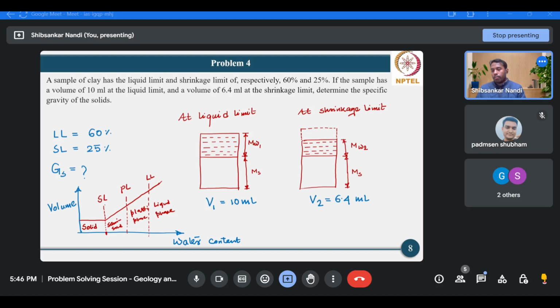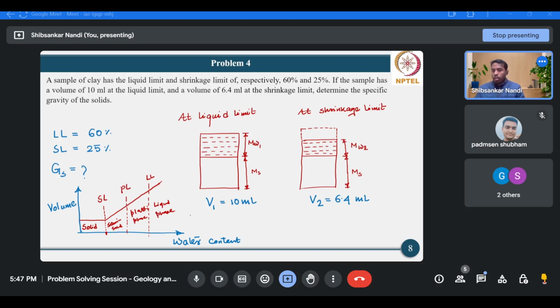Any idea? Okay, so we'll come to that point later. First, we'll start with the definition of water content.